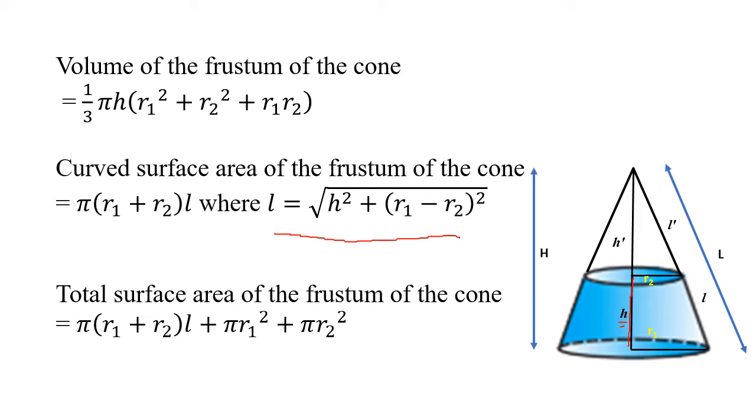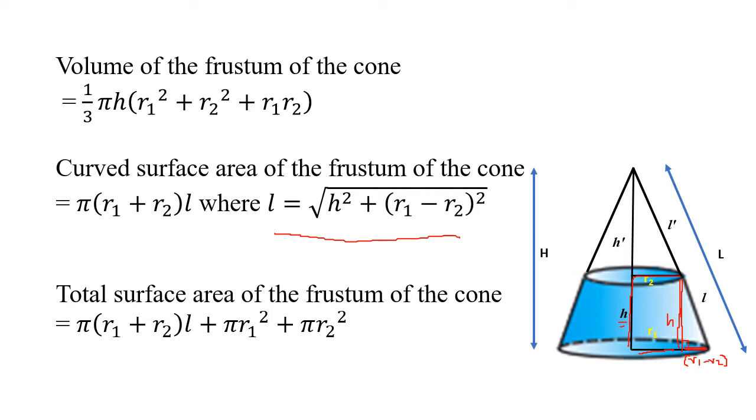So if I draw this line here in a rectangle, this will be h. Now this is r2. I complete the rectangle, so this is also r2. So this small part here is r1 minus r2. Okay. So we have got a right angle triangle.